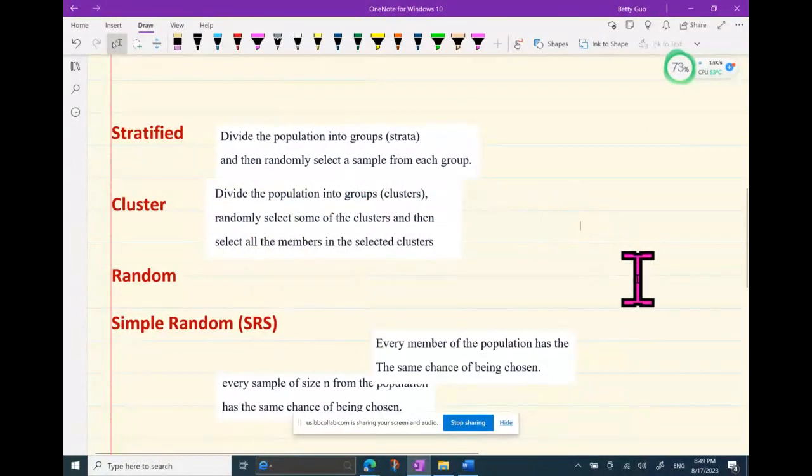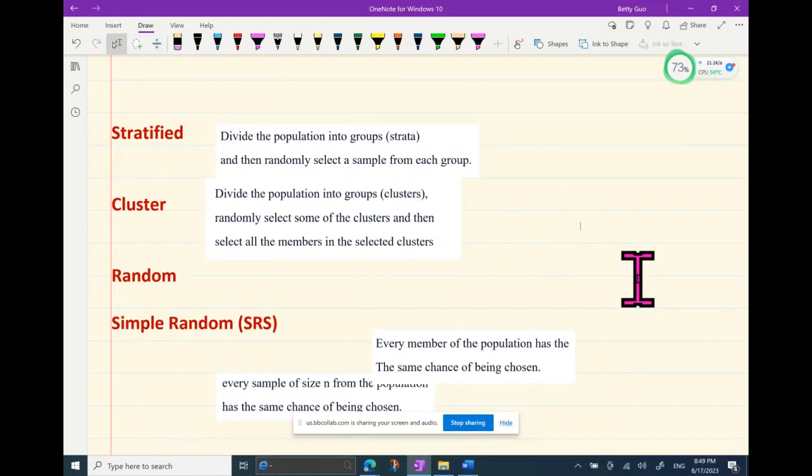Let me give you 2 examples. Let's say you go to a university, a 4-year bachelor university. You want to get a sample, let's say of size 1,000.